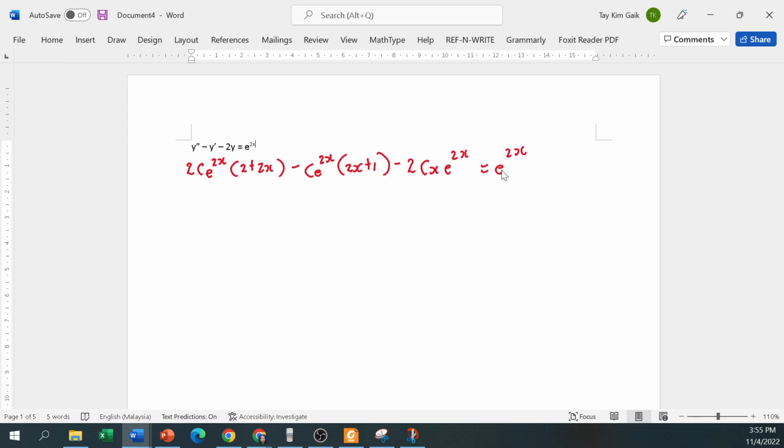Okay, so in order to determine c, the right hand side has exponent 2x. So we may compare the exponent 2x terms, or you can expand.